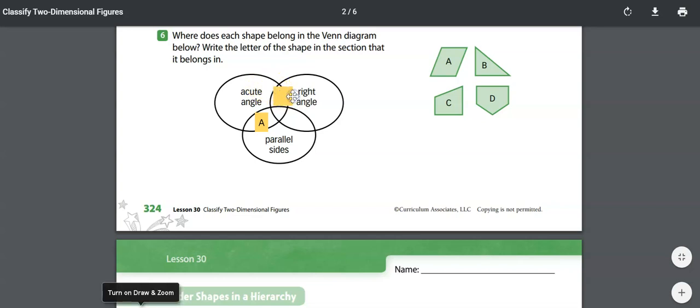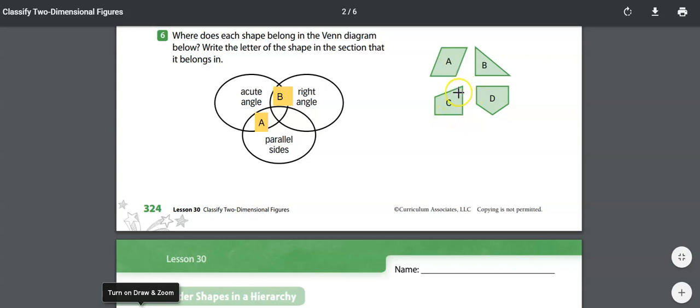Now let's look at C. So for C, I see that I have 1 pair of parallel sides because they do not cross. And I also see that I have a right angle right here. And I also have an acute angle.